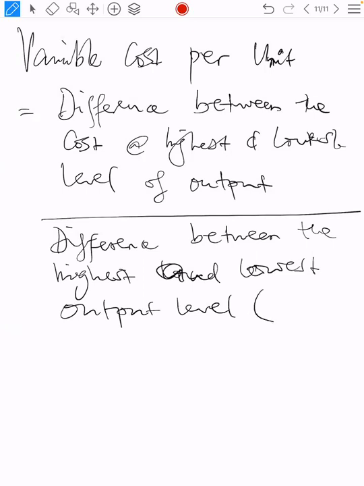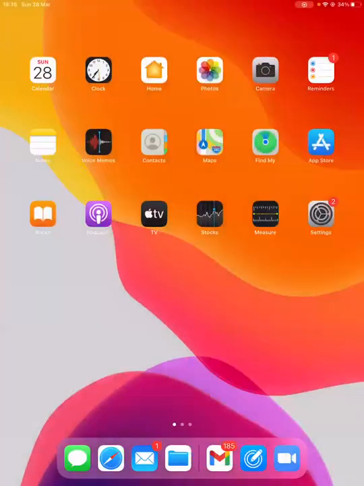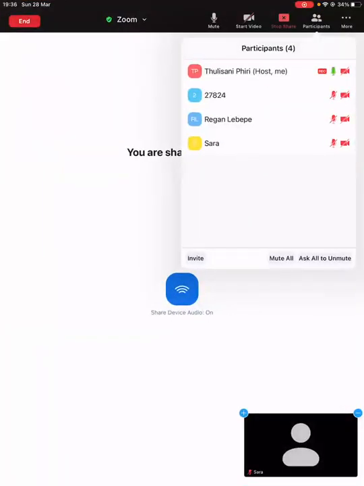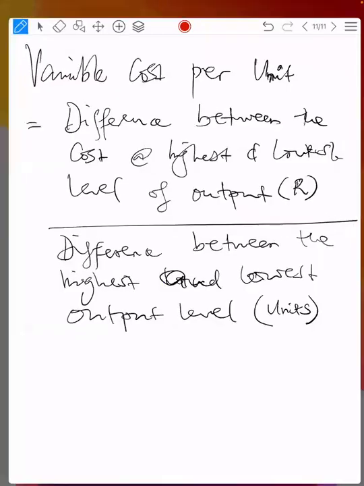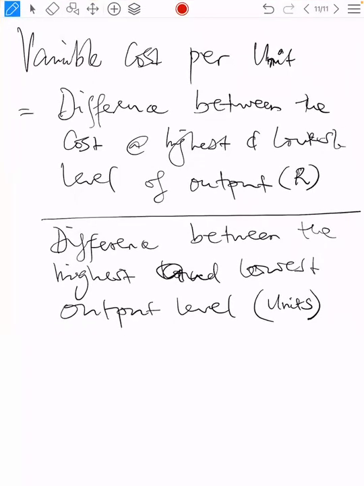When I talk about output, remember, I'm talking about units. When I talk about cost, good people, I'm talking about rands. So this is going to be the first step that you shall apply in order to split the cost using the high-low method. Like we said, the high-low method will determine the variable cost per unit first before we proceed to determine the fixed cost. Fixed cost is not per unit.